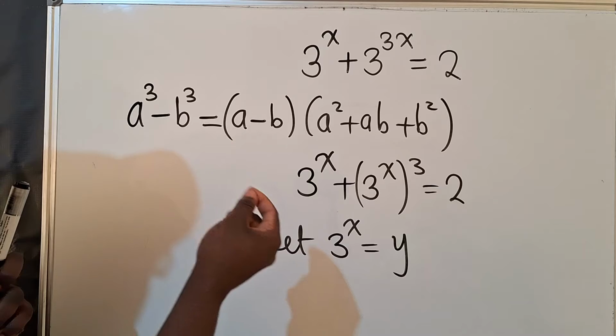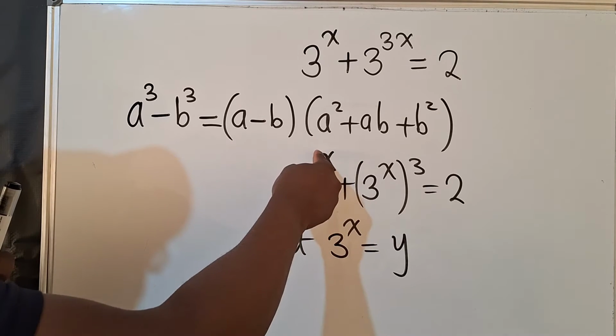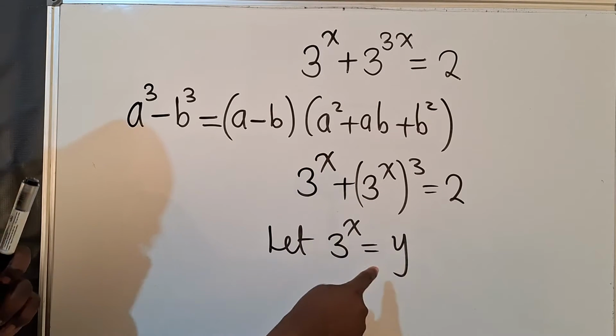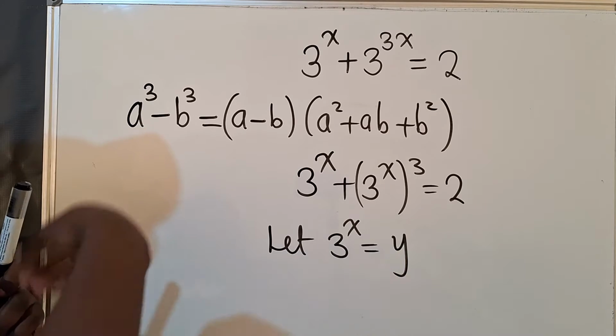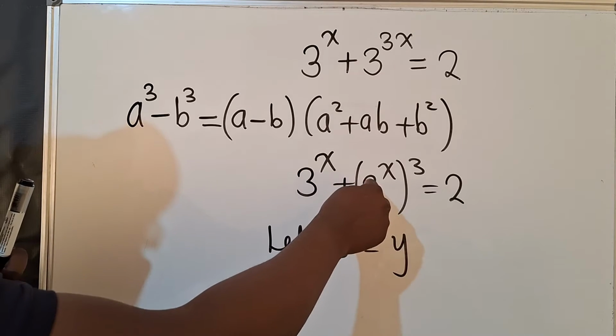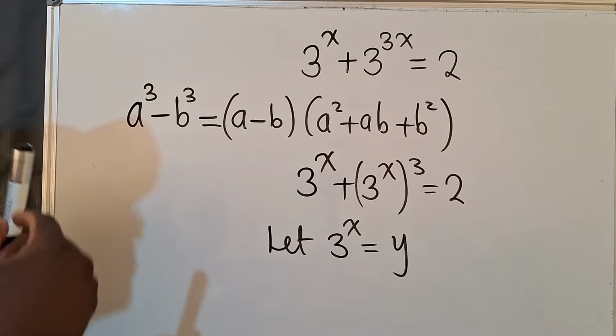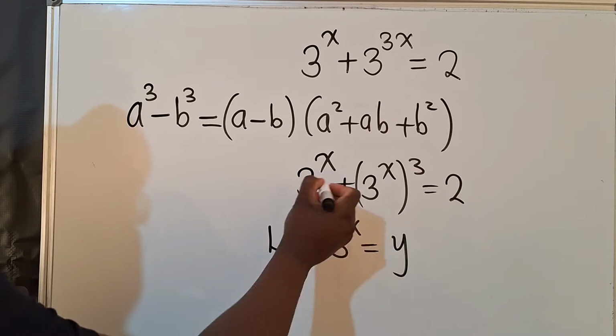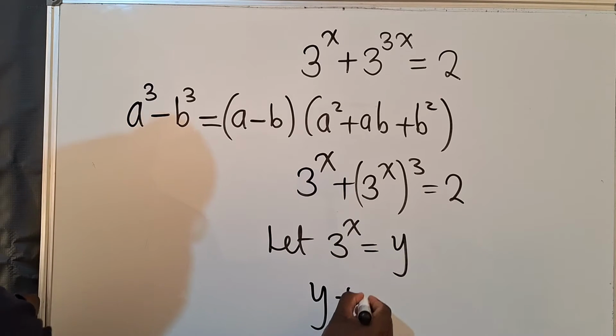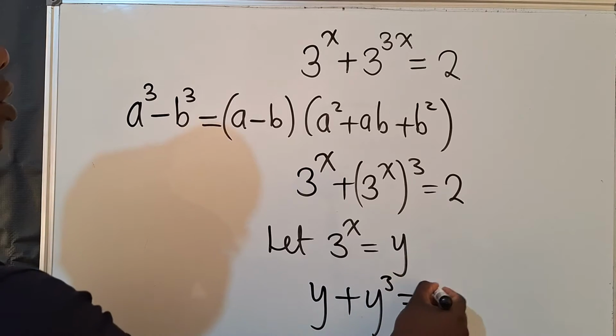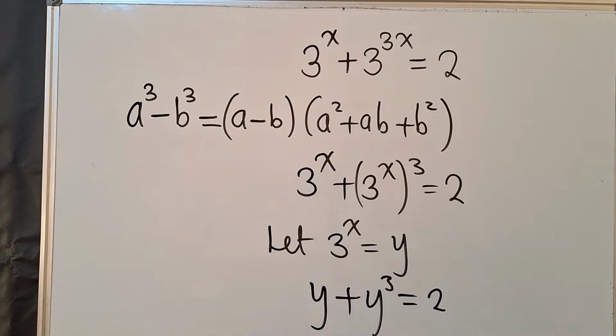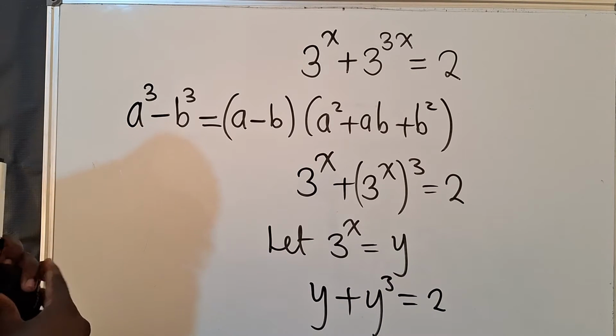Our idea is we want to get this 3 power x here be equal to y. We've just come up with this y. It's normal in mathematics, you let. So now we're going to say y plus y power 3 is equal to 2.